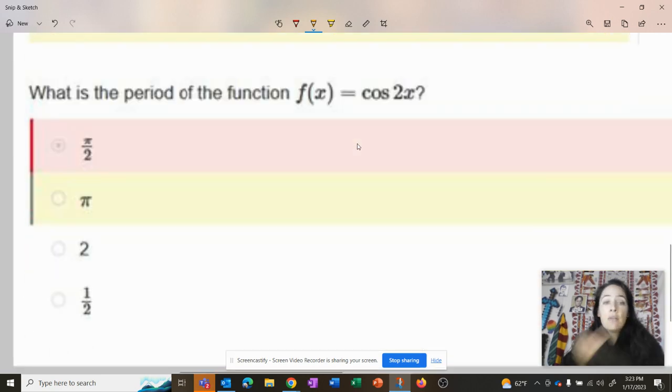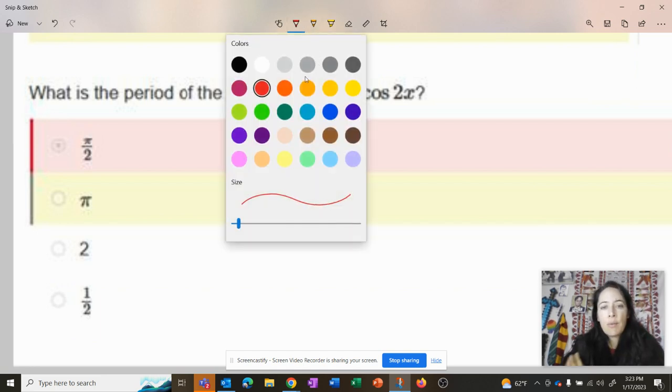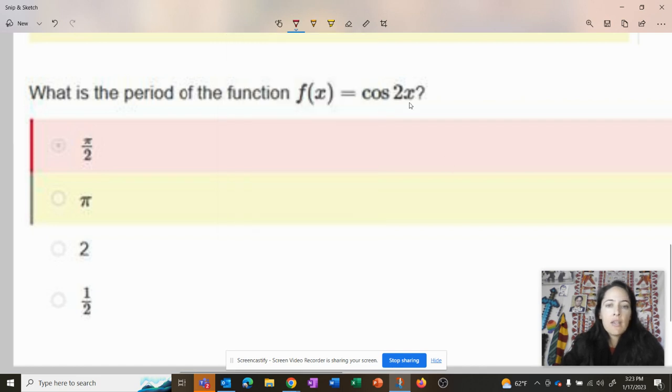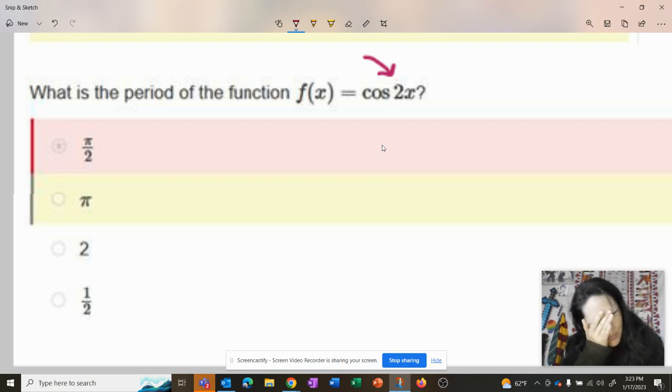Okay, so now that we talked about the period, how to find it graphically, how to find it when we're given an equation, well, the parameter B affects or changes the period, which for graph translations and transformations has to do with horizontal stretch and compression, right?